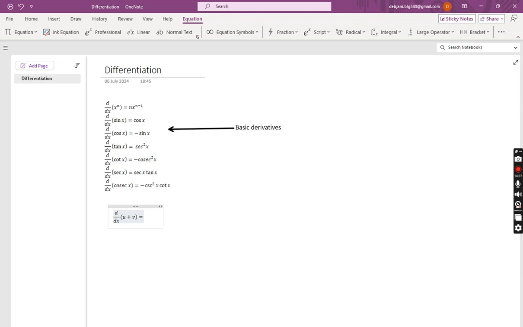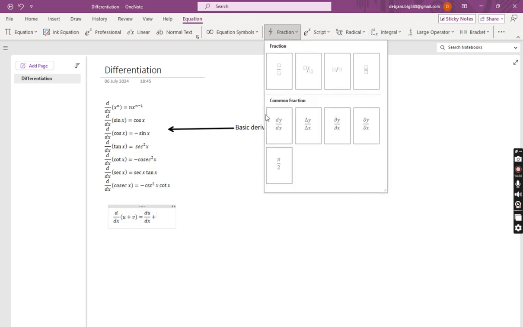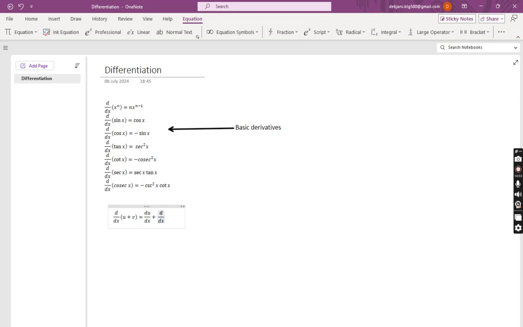The result will be differentiation of u with respect to x plus differentiation of v with respect to x. Remember, this is called the sum rule, or you can say the addition rule.